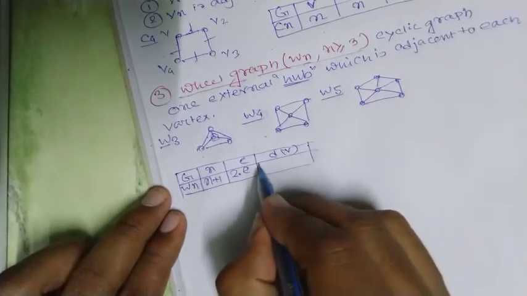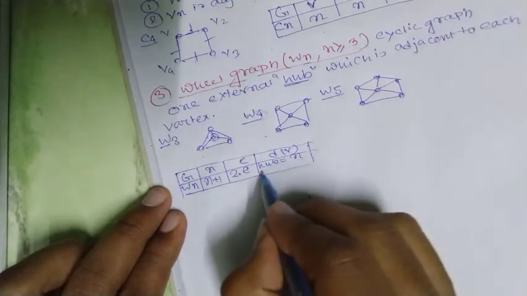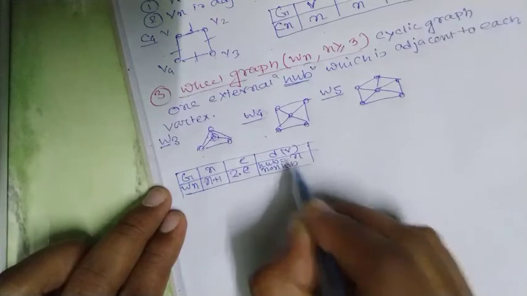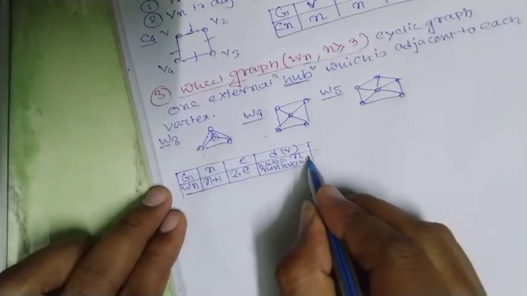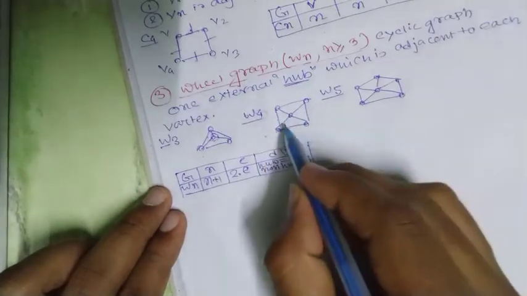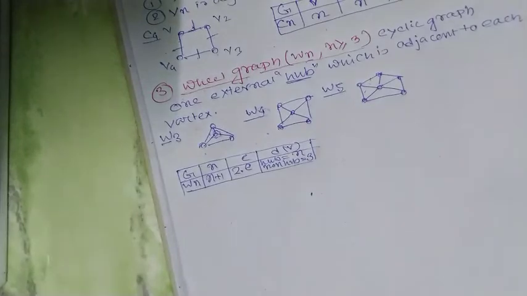So for the hub this is n, and for non-hub, sorry for the handwriting, this is exactly 3. 1, 2, 3, you can see here 1, 2, 3. Okay, this is the wheel graph.